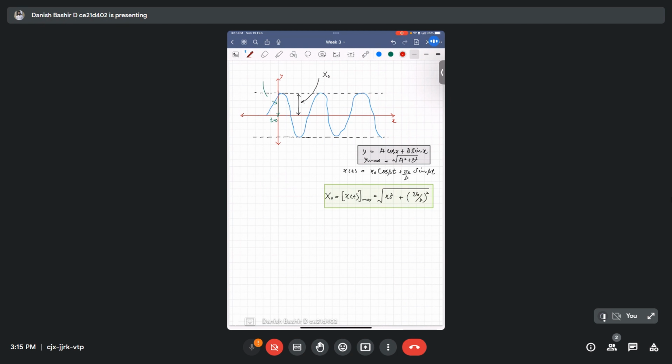We can see that this is x naught. Up to this point is the initial displacement to the system, and we have a slope here also. If we draw a tangent at this point, that will be our initial velocity of the system.